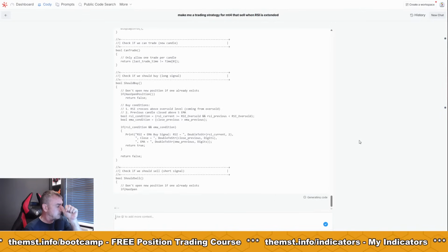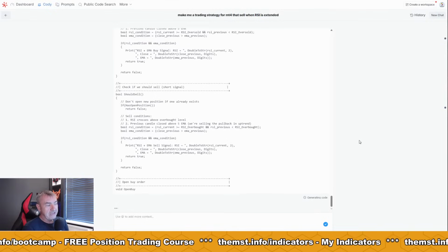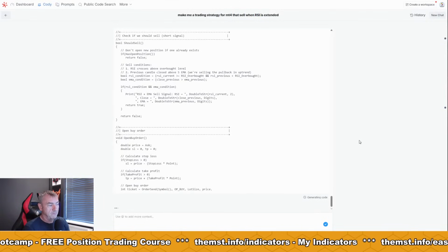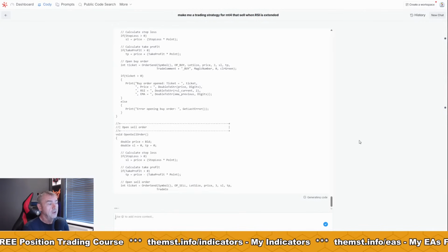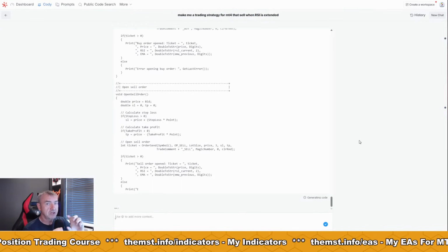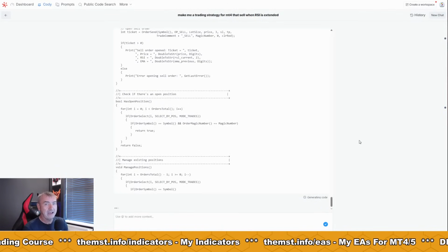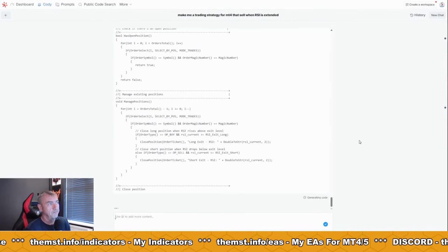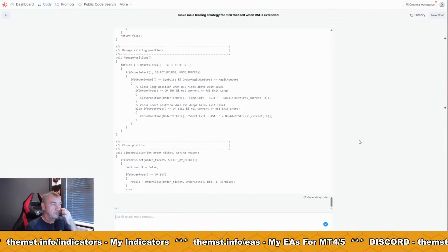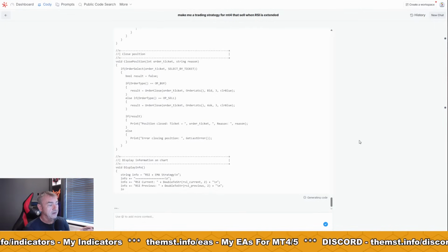One thing you can also do is, if you're making a change to code, rather than just saying I want you to change it, you can say, just show me the piece of code that needs altering. In this case, we're adding a new thing, right? But if I was to say, for example, I don't want to use the RSI anymore, I want to use the MACD, I could say, okay, that's great.